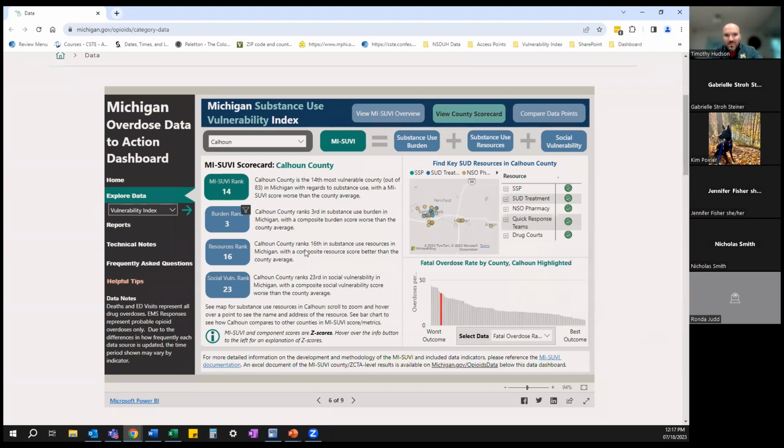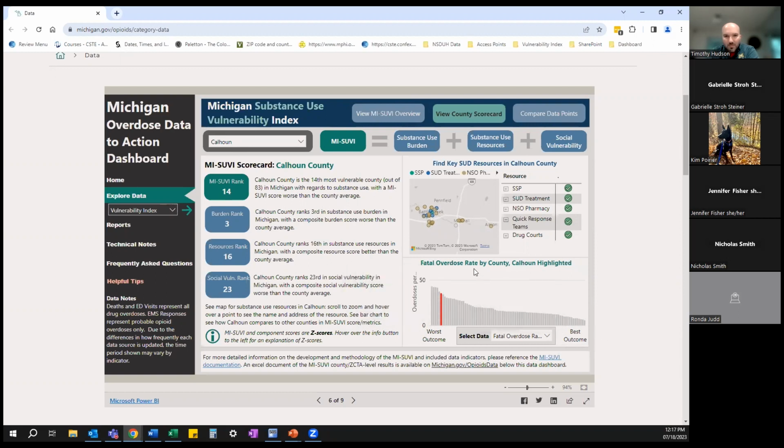Okay, so here we see Calhoun is quite high in burden, and we see that reflected in the fatal overdose rate. They're closer to the worst outcome end of the bar graph rather than the best outcome end in terms of fatal overdoses. I want to point out that for all of the graphics on the dashboard, you can hover over them and see a little additional data insight.